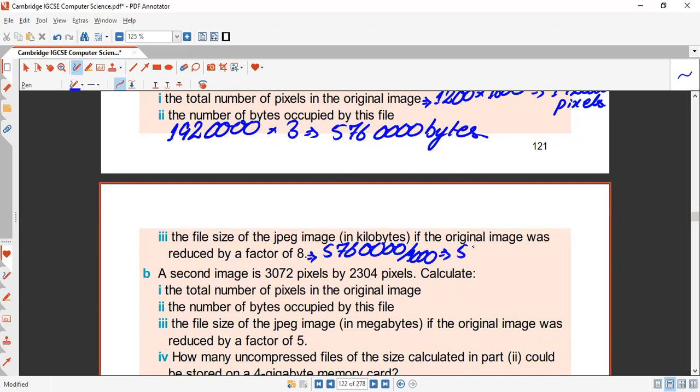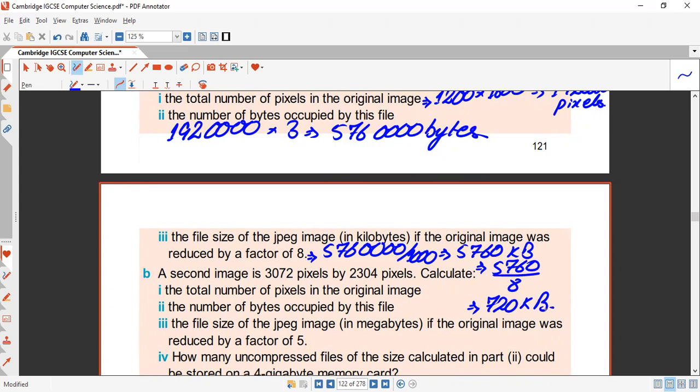So it will be 5760 kilobytes. Now you can easily divide by 8. Dividing 5760 by 8 will give you the answer 720 kilobytes.